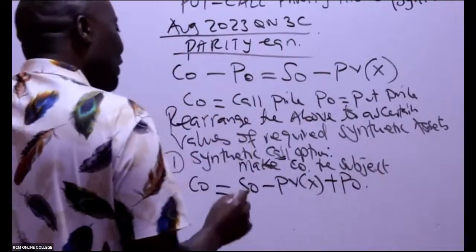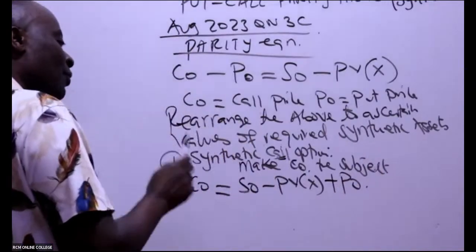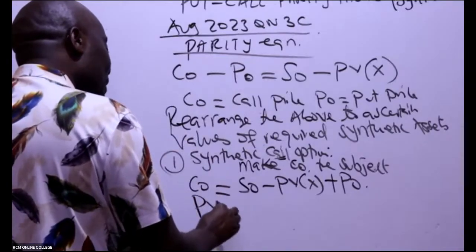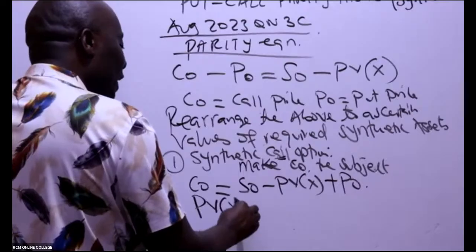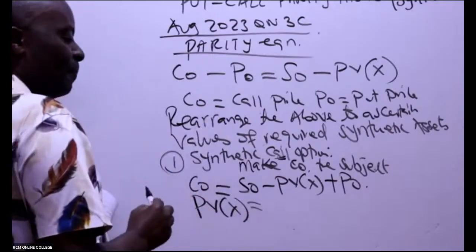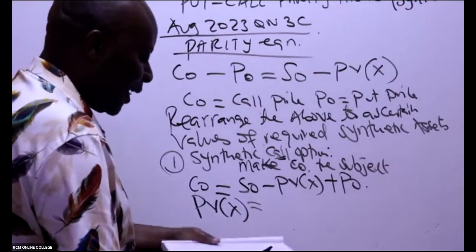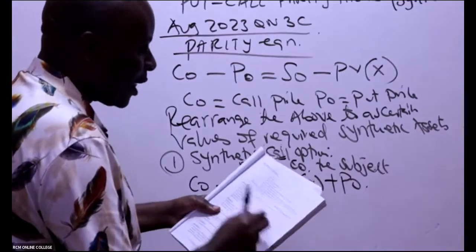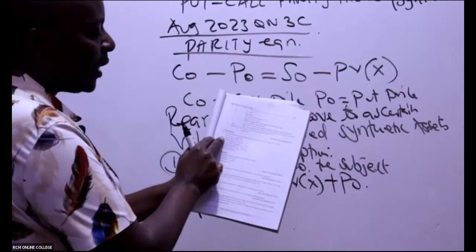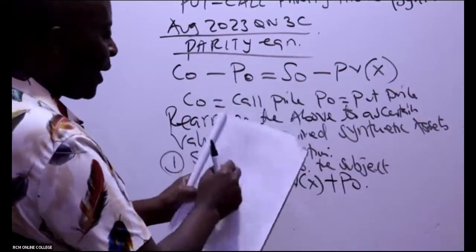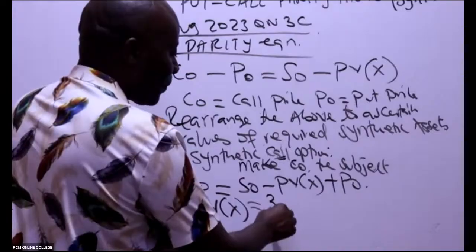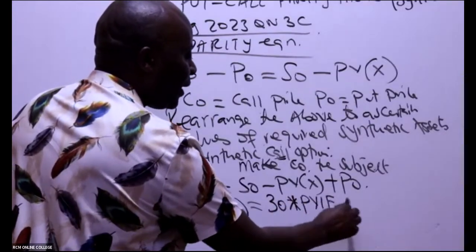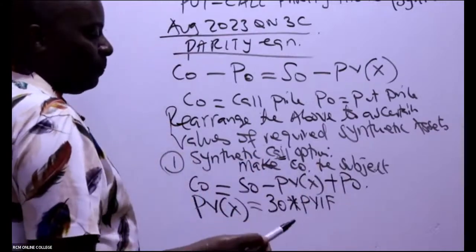The very first thing I would want you to do if you get this kind of question in an exam is to give me the PV of the exercise price. Have they given me the exercise price? Oh yes, it is there on the third row. Exercise price is 30, and it is a lump sum, so I have to discount it by multiplying by PVIF.